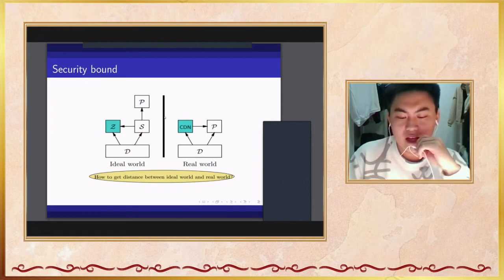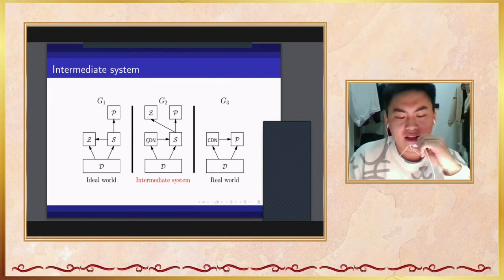We simplified the previous model. Z is the WN-bit random permutation, S is the simulator, and P is the small random permutation with n bits. The most important thing is to find the distance between the real world and the ideal world. We need to add an intermediate system. It functions as a bridge between the ideal world and the real world.